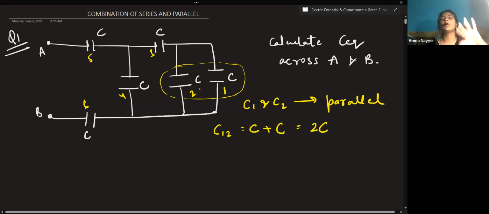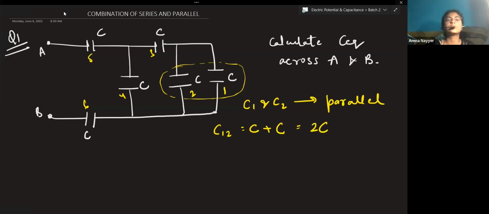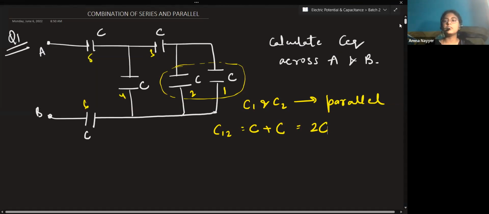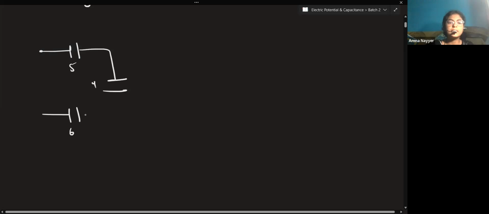Let me redraw the circuit, how the circuit now looks after this combination. This was the fifth capacitor connected with the fourth capacitor and the sixth capacitor.